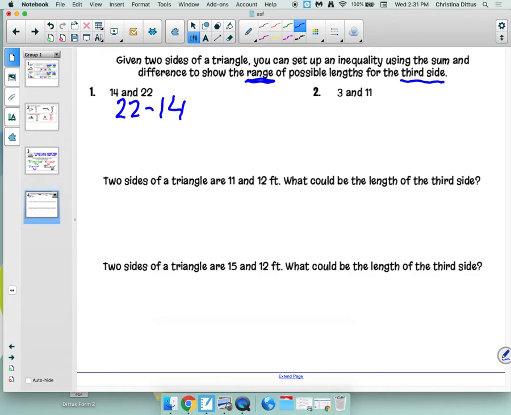So what's 22 minus 14? 8. That's my low end. When you subtract, that's your low end. To get your high end, we're going to add them. 36. And then to make it fancy math, you do this thing. And that tells you that your side has to be between 8 and 36.